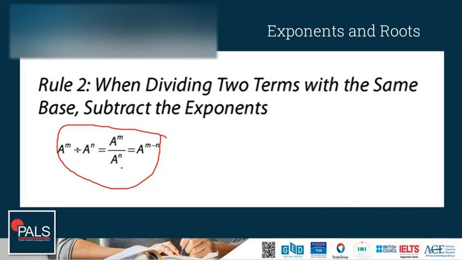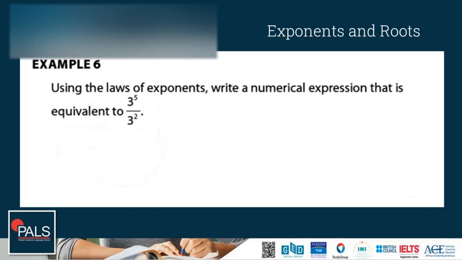Both of these are shown in this rule, and both mean the same thing. So a to the power of m divided by a to the power of n is the same as a to the power of m over a to the power of n. They both mean the same thing.